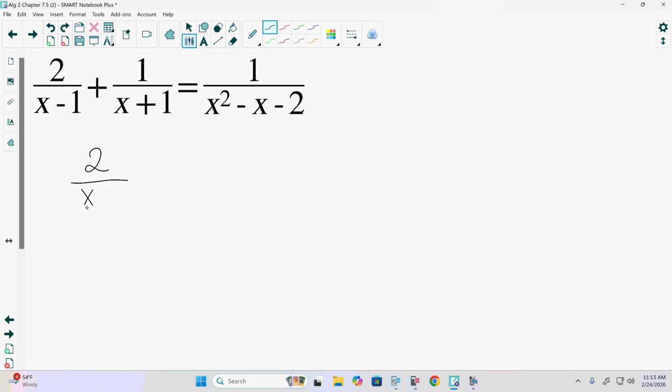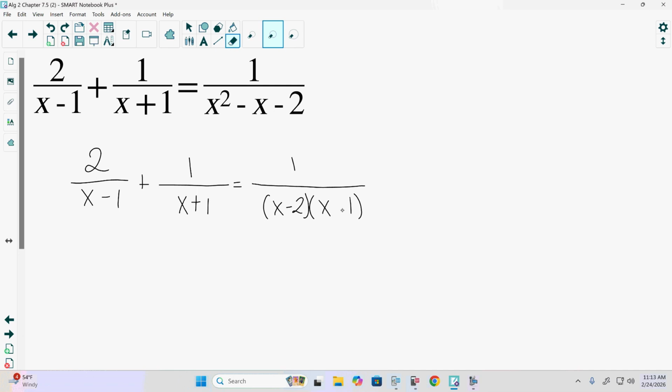We have one last one that we're going to do. I'm going to go on and factor that for us, because the only one we need to factor was the x squared minus x plus minus 2.